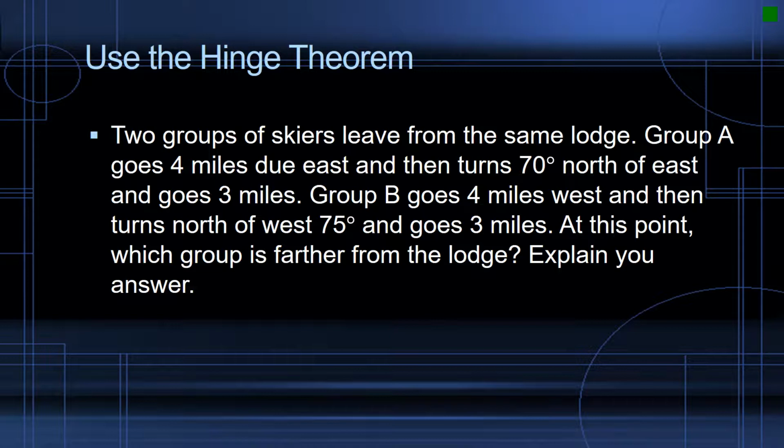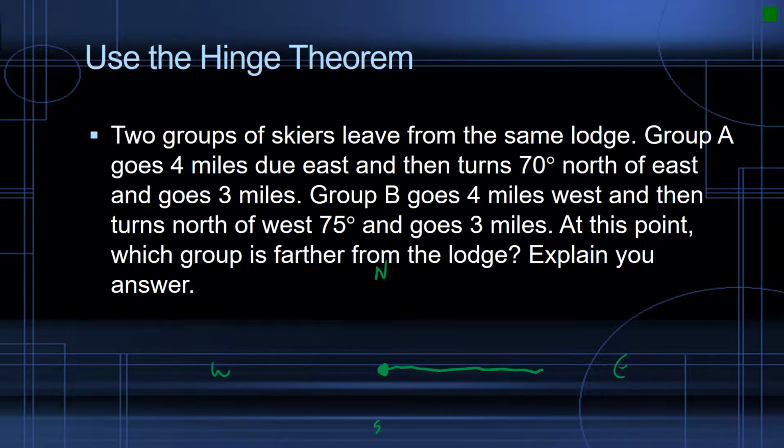And I got one thing in here that I got to really be careful of, and we'll talk about that in a moment. But let's say, as an example, that this point right here is the lodge. So now group A goes 4 miles due east, and so that would be going in this direction. So let's define north, south, east, west.